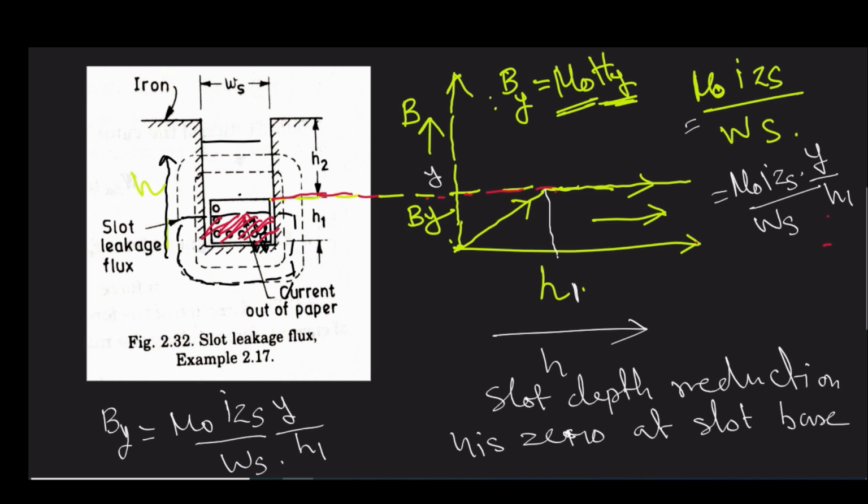Let us consider part A. Find the variation of flux density over the part of the slot above the conductor. We have already solved and drawn this one. Now let us consider the amount of slot leakage flux. Please pay your attention.